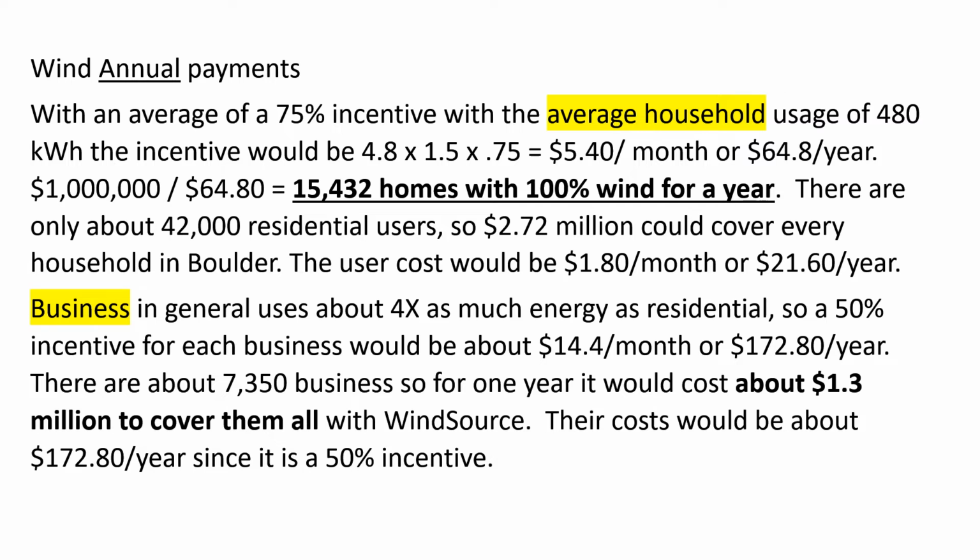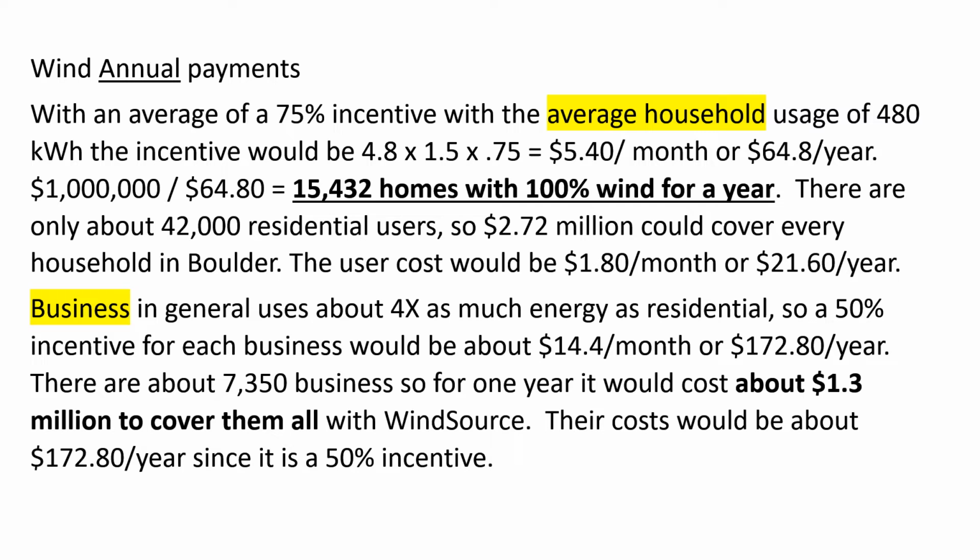There are only about 42,000 residential users in Boulder, so $2.72 million could cover every household in Boulder. The user cost would be $1.80 a month, or $21.60 per year.